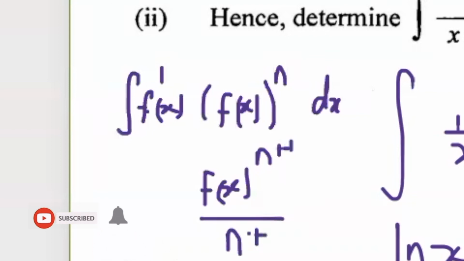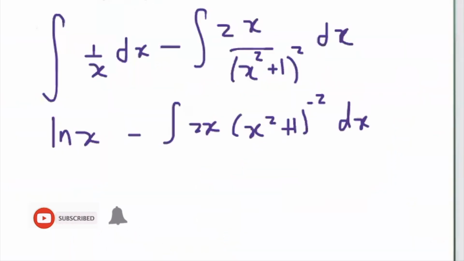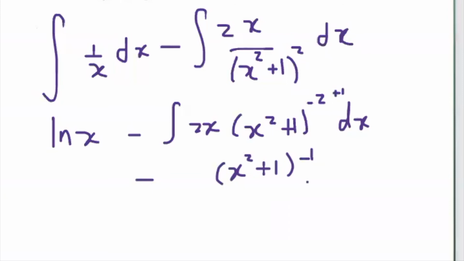Once we have it looking like that, as you can see, I have the derivative, which is the 2x, on the outside. So I can integrate this using that formula. We add 1 to the power. So what I'll have here is x squared plus 1 raised to the minus 2 plus 1. We add 1 to that, so that's minus 1 over minus 1. Then we have our ln x, and don't forget plus c.